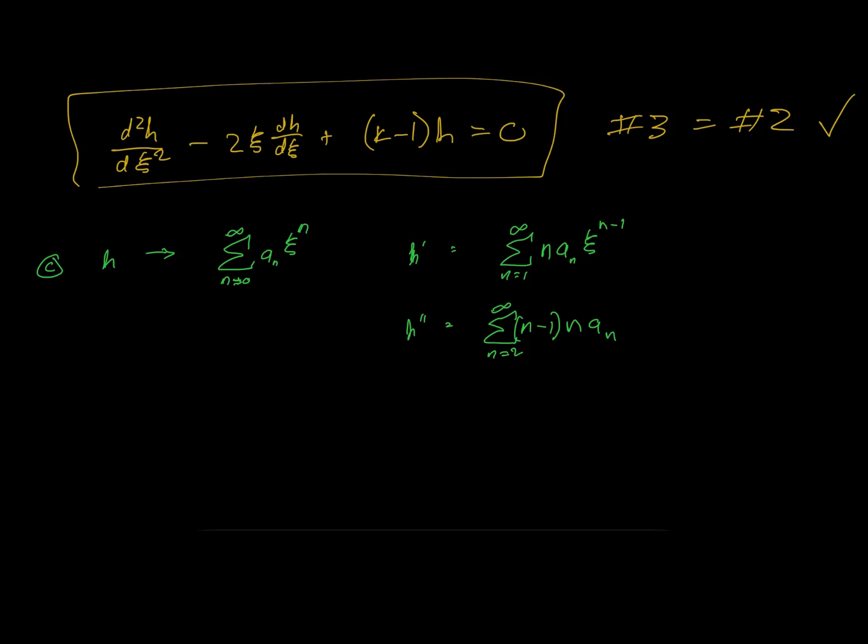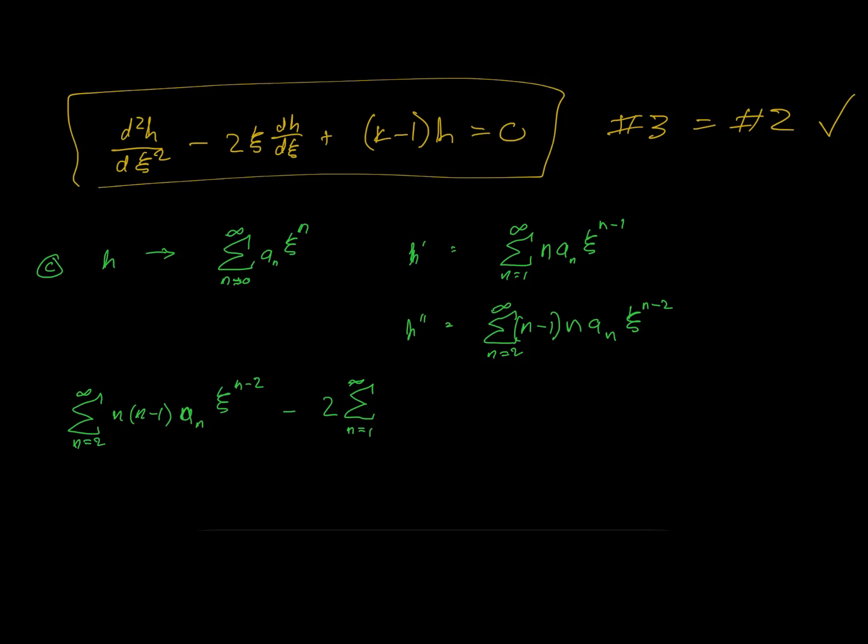So we have the sum of n times n minus 1 a sub n c to the n minus 2, minus 2 times the sum from 1 to infinity.